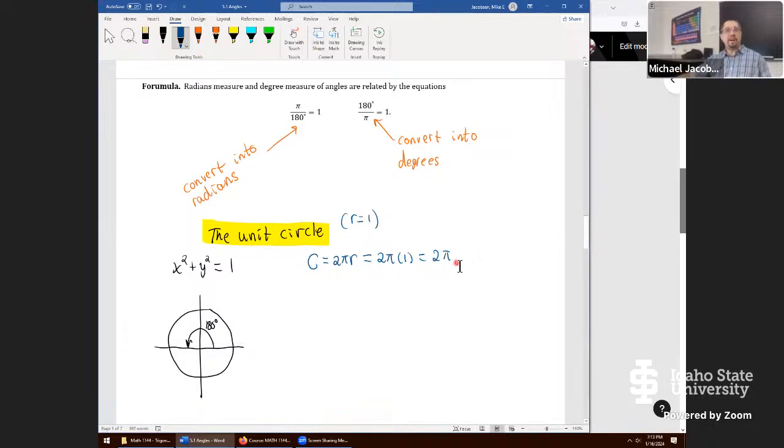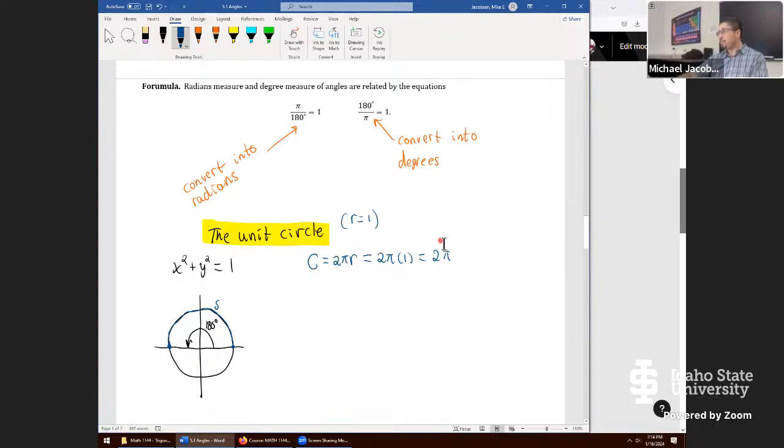So the circumference is 2 pi, but the circumference is just a fancy way to say perimeter, right? So when we rotate from here to here, thinking in terms of radians, you have this radian measurement going all the way out from here to here. And you know what? We can calculate that. Like you mentioned, that should just be pi.